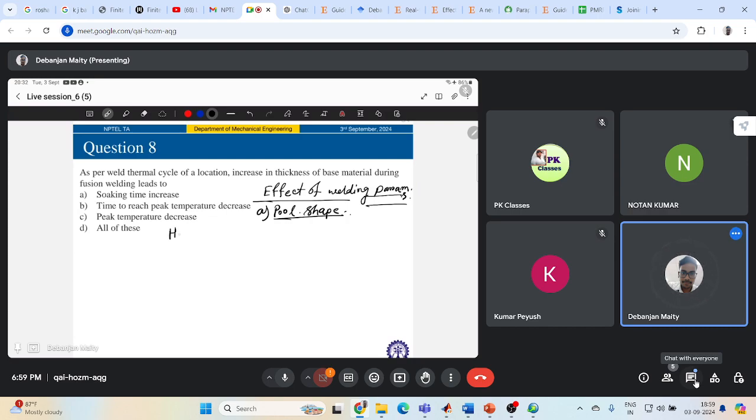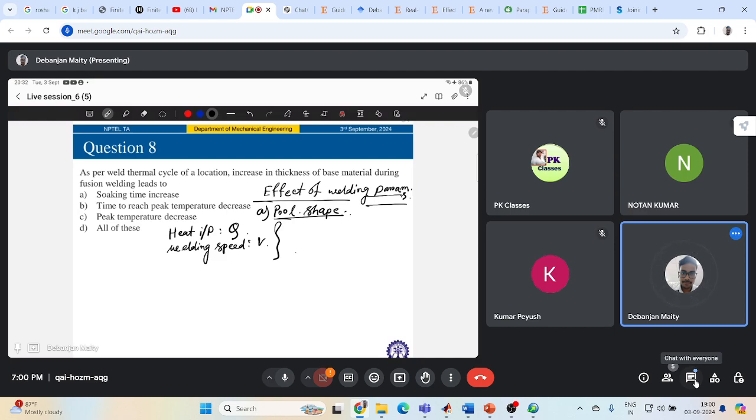One is heat input, Q, another is welding speed. These are my two process parameters.